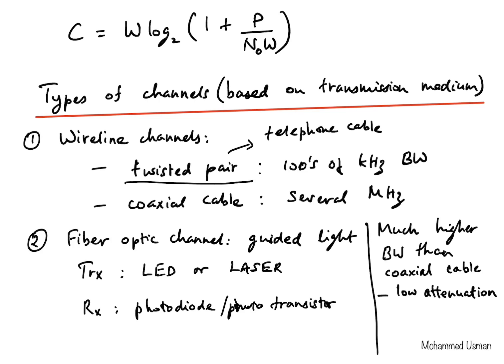And the third category of channel that we are going to see is the wireless channel, the wireless electromagnetic channel. That means the signal is propagating through space as an electromagnetic signal.